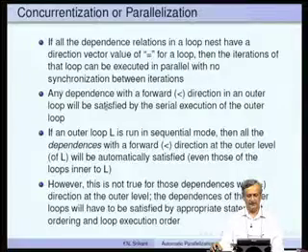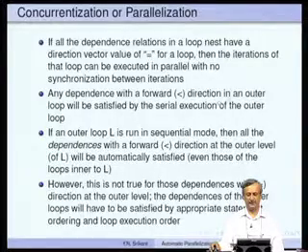And this is a very profound result, even though it looks non-intuitive. Any dependence with a forward direction vector in an outer loop will be satisfied by the serial execution of the outer loop. So, if an outer loop L is run in sequential mode, then all the dependencies with a forward direction at the outer level will be automatically satisfied.